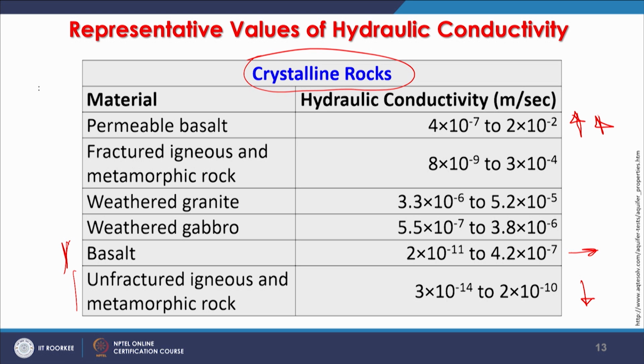But if luckily we get the permeable basalt, that is even better than the fractured igneous and metamorphic rocks. So, it depends. That is why, in groundwater studies, when people are looking for groundwater, they must study the rock types, which will sufficiently indicate what the availability of water in these rocks would be.